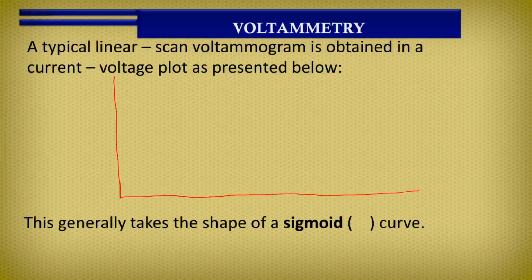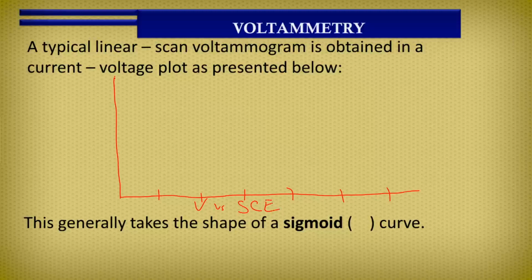Now you have your current. This is the voltage, voltage versus the saturated reference electrode.